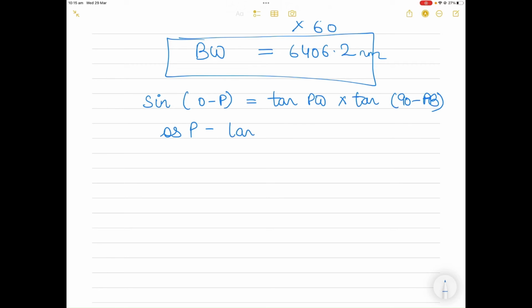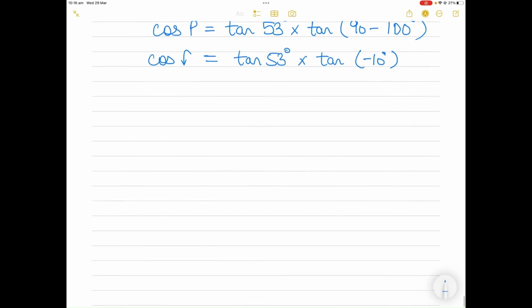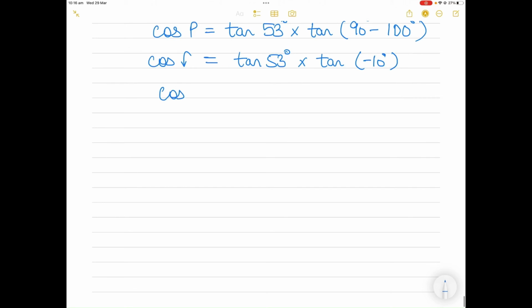Sine of 90 minus P can also be written as cos P, and tan of PW is 53 degrees, and 90 minus PB is 100 degrees. So this can also be written as cos of P equals tan of 53 degrees multiplied by tan of negative 10 degrees, which is equal to cos of P equal to negative 0.23399, and P is equal to 103 degrees 31.9 minutes.